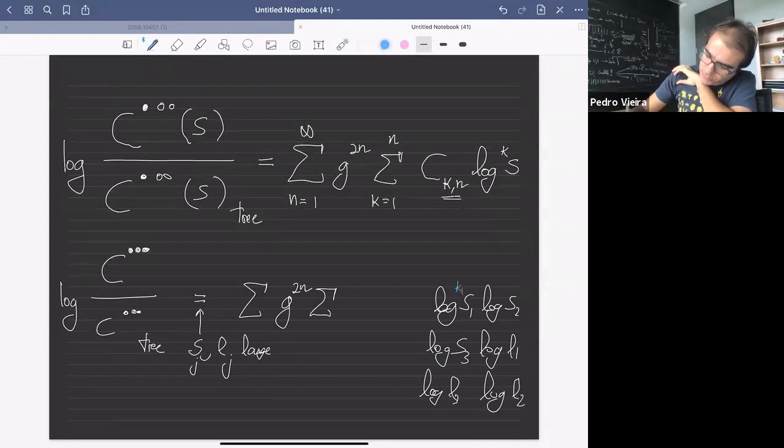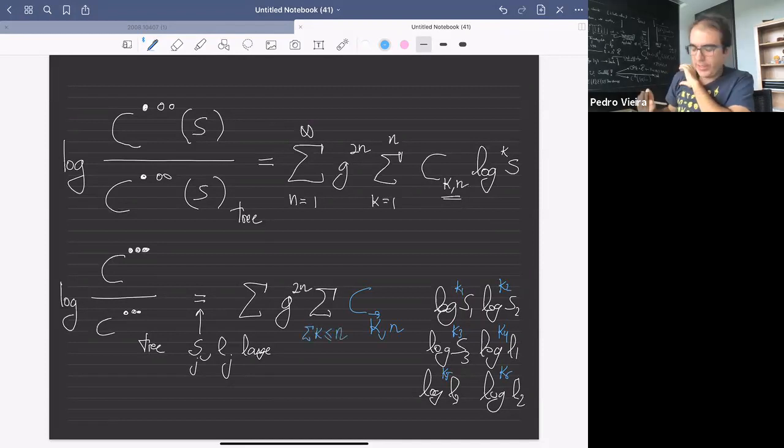To the power k1, k2, k3, k4, k5, k6. And now the constant c depends on this vector k and n, and the summation over all these k is smaller or equal than the loop order n. And so now the 3-point function would be given at each loop order by this big tensor, which parameterizes the various logs.